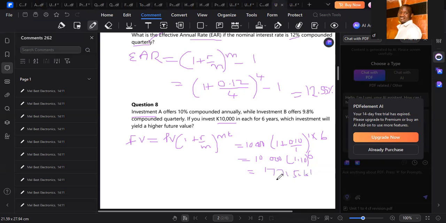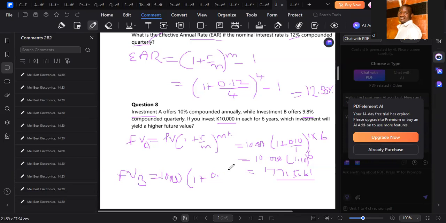17,715.61. This is investment A. Investment B, using the same formula, we're starting with 10,000. 1 plus our R is 9.8%, so 0.098, which is where people make a mistake, divided by M. It was compounded quarterly, so M is 4, and here 4 times 6 years.